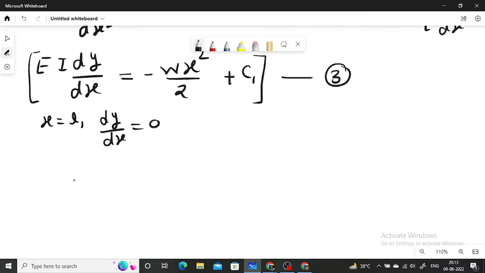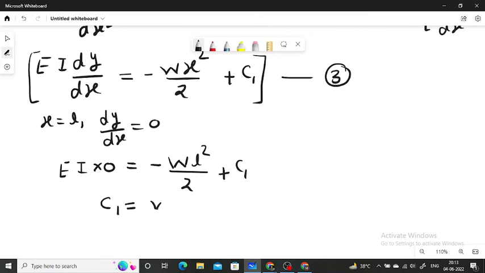Now from equation number 3, EI into 0 is equal to minus WL square by 2 plus C1. From this equation, C1 is equal to WL square by 2.